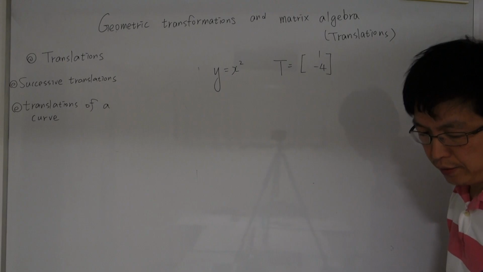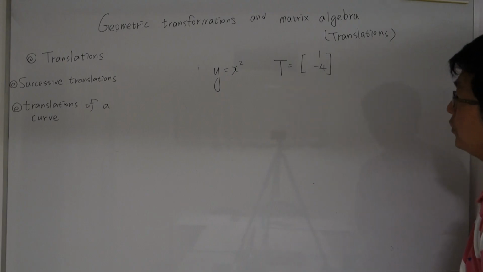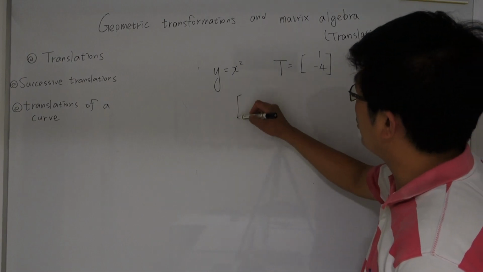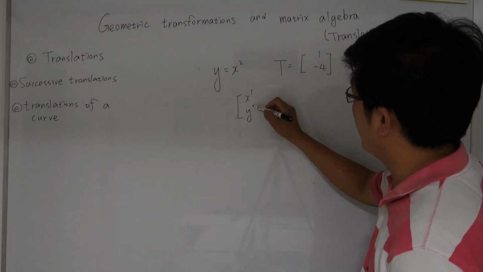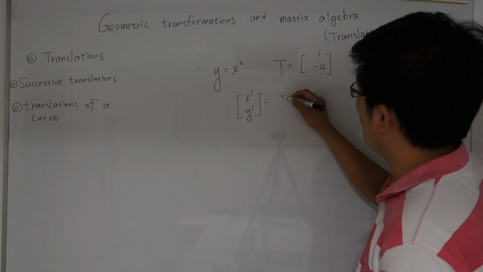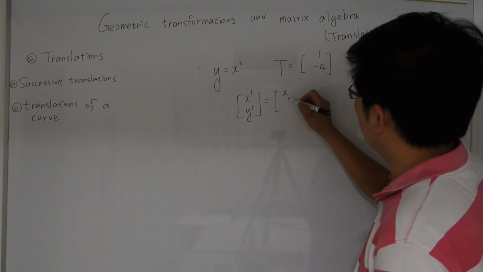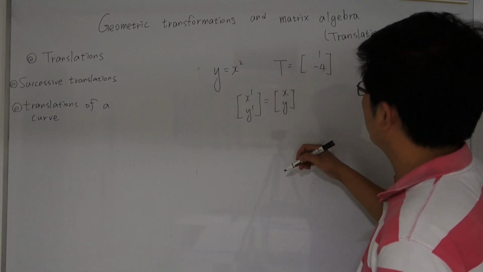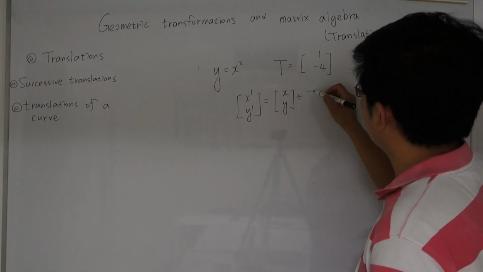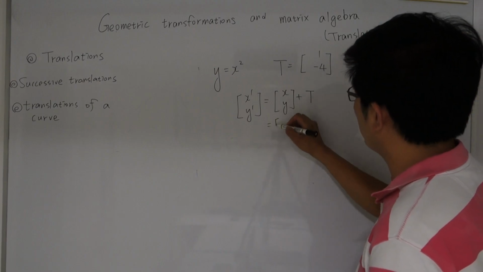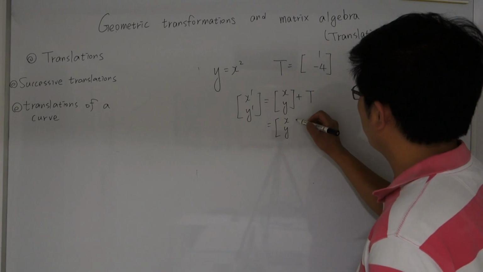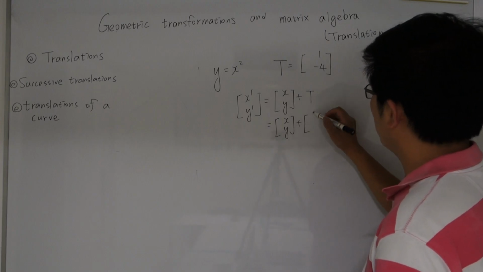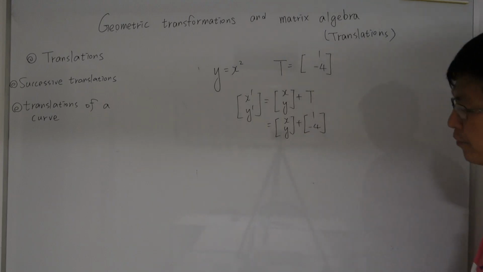You need to make, okay, there's a skill here. The new point (x', y') equals the original point plus the translation vector. So it equals (x, y) plus (1, -4), right?